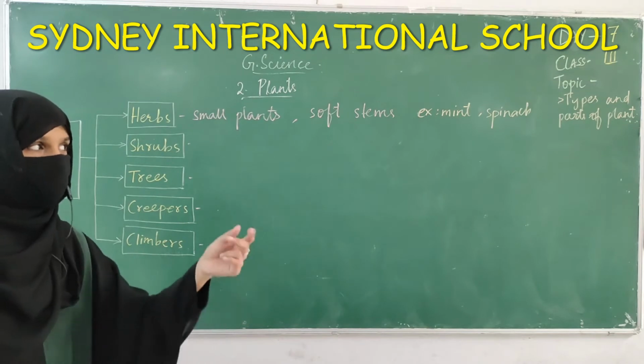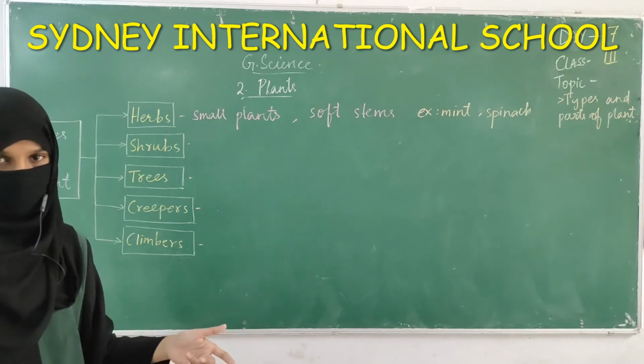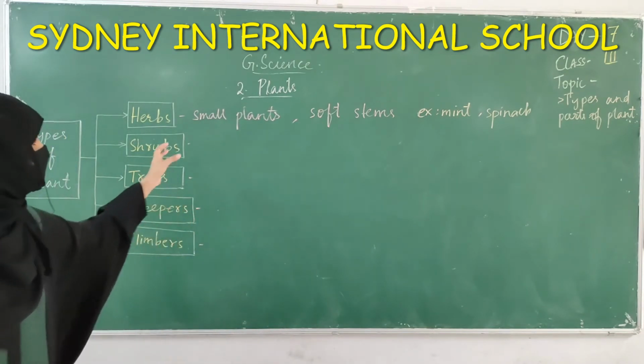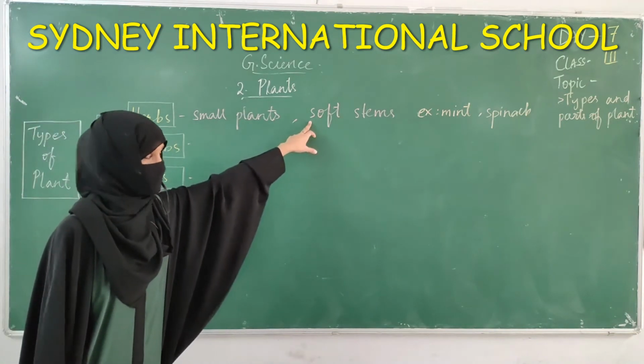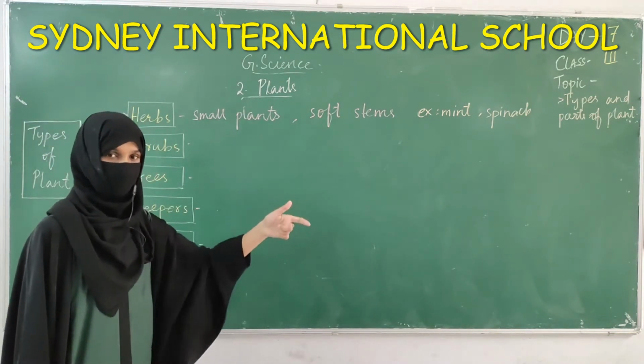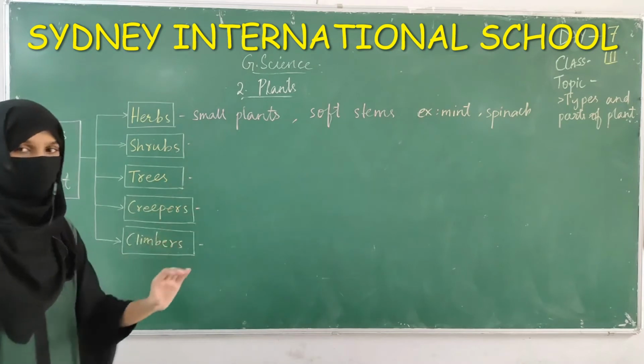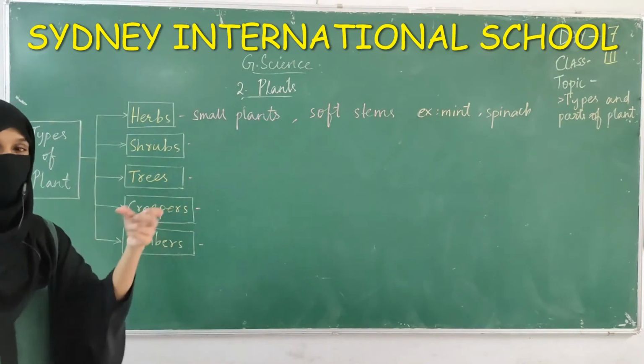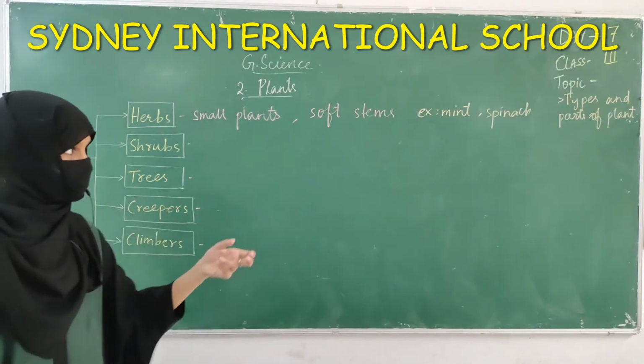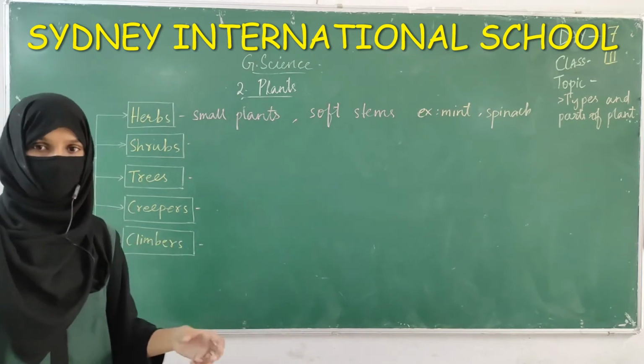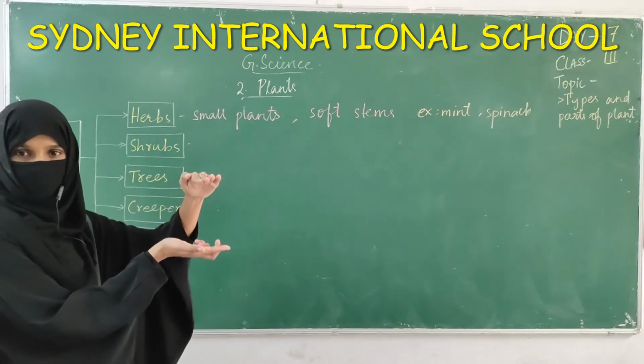Only with one hand, just with the fingers, we can break them easily. That is why we say they are having soft stems. They are very easily breakable, and small plants because they are very tiny. You must have seen the bunch of spinach. You must have seen the bunch of a mint plant. It will be this much only, not more than this.